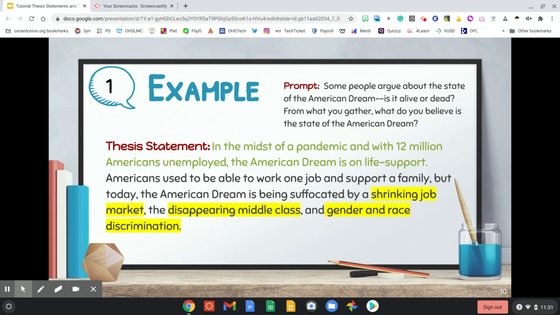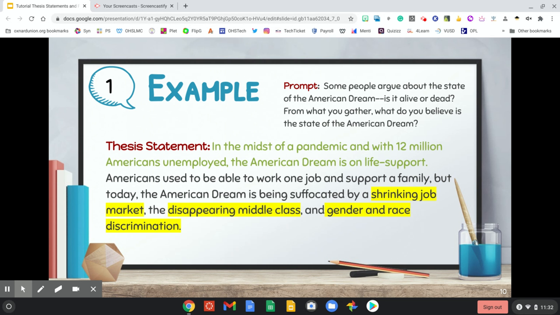That is the forecast. So what will happen in this essay? Shrinking job market will be the topic for body paragraph 1. Disappearing middle class will be the topic for body paragraph 2. And gender and race discrimination will be the topic for body paragraph 3.